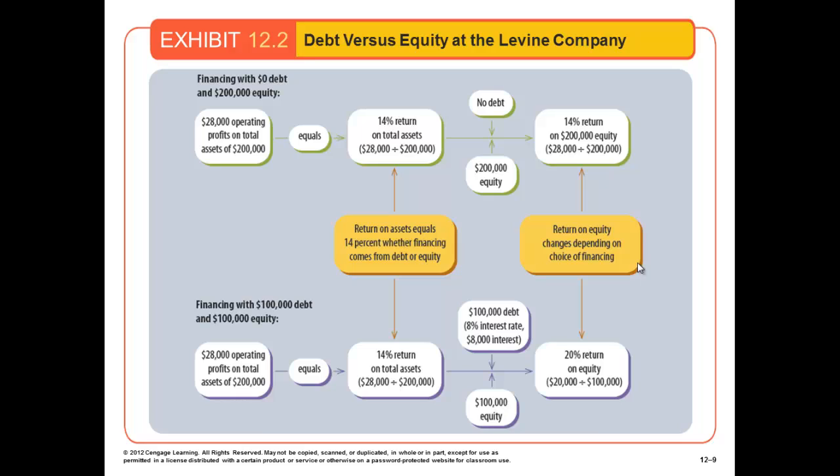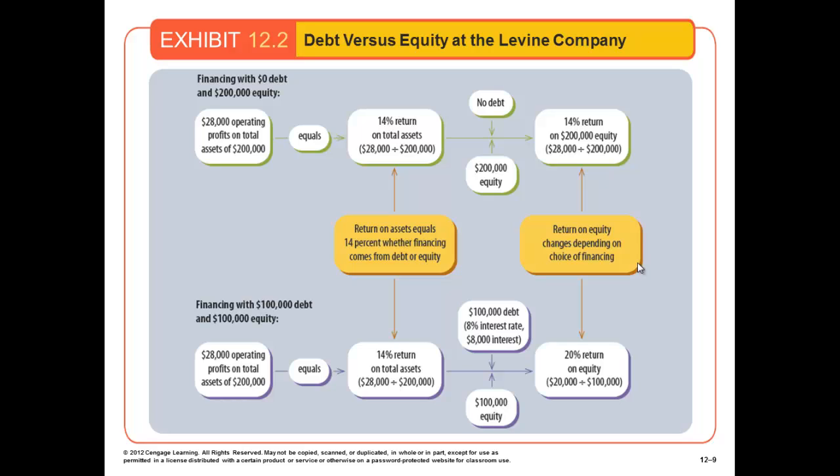Now let's look at this example, debt versus equity. In this situation, we are trying to raise $200,000 in capital, and we want to use that $200,000 to purchase some assets. So we've raised $200,000, and we're going to look at two examples of how we raised it: with no debt and all equity, and with half debt and half equity.